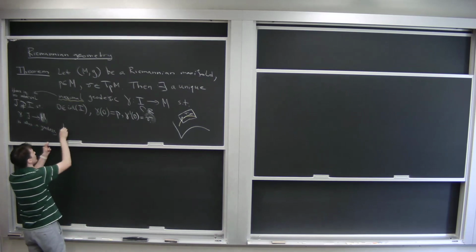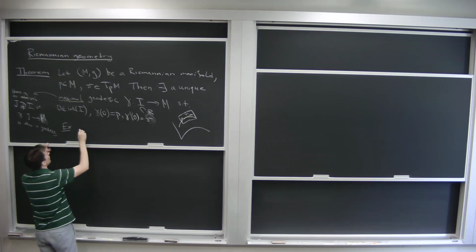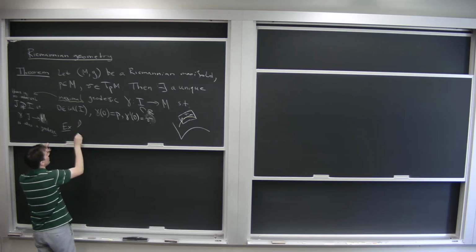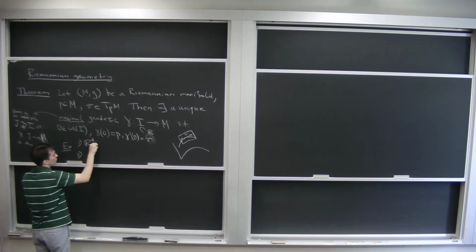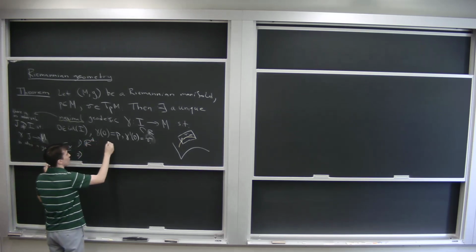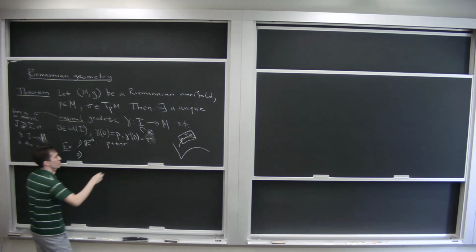So a very simple example. In R^d, so basically two examples. In R^d, we just simply have p plus tv, right? This is our geodesic.